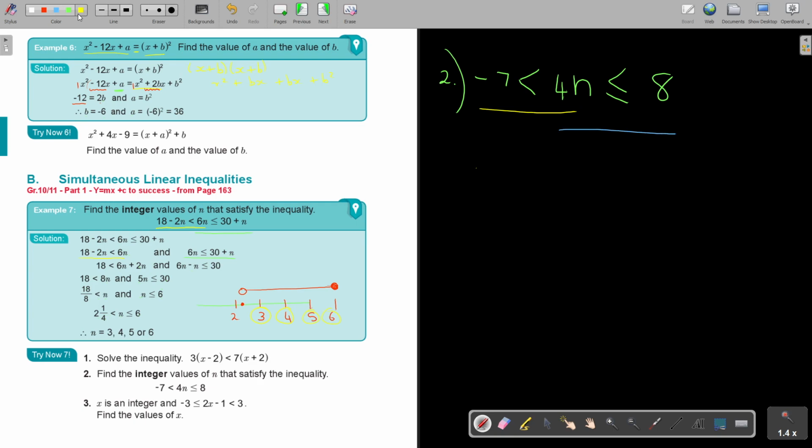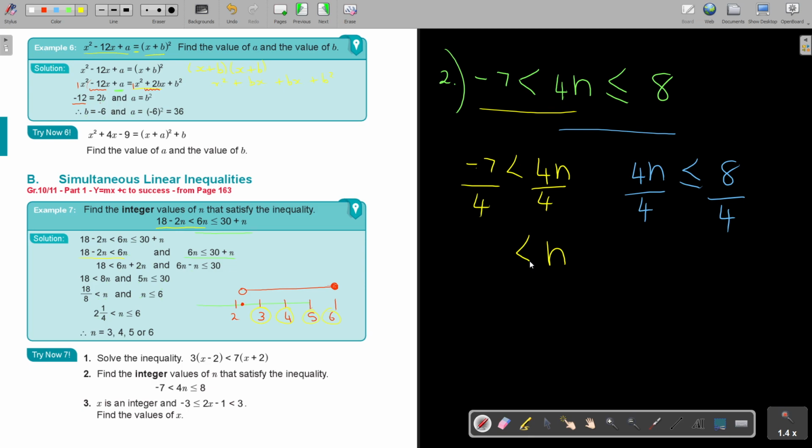Let's just keep to the colors there, negative 7, then it's going to be easier for you. Let's make the other one blue. So 4n. Now remember, it's already simple. So if I divide by a positive, it's fine, you don't have to worry. So I divide by a positive, no problem. Let's just write it down.